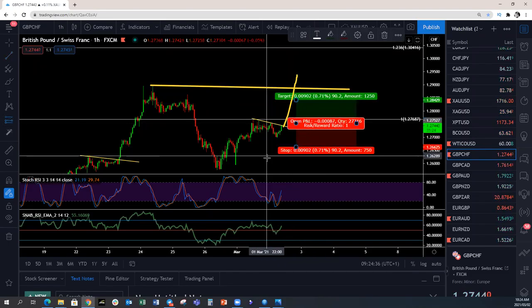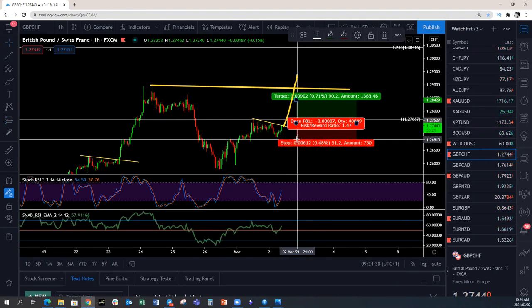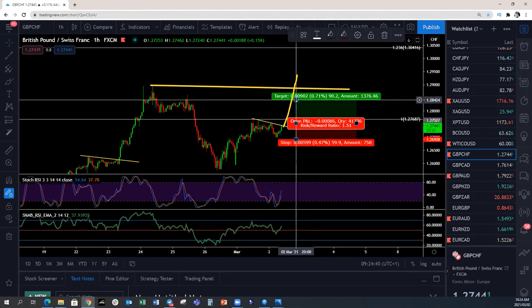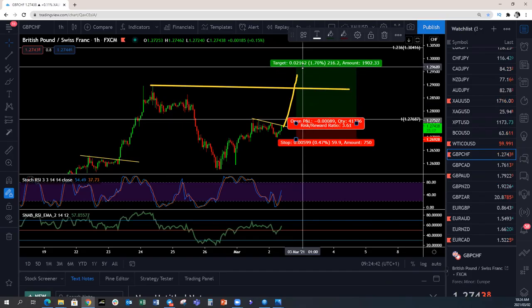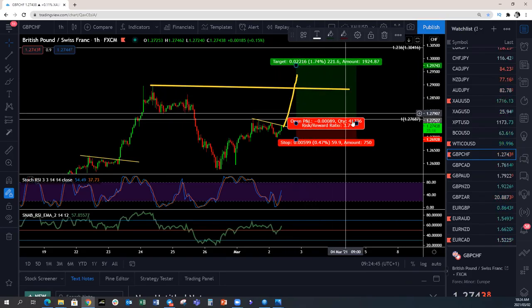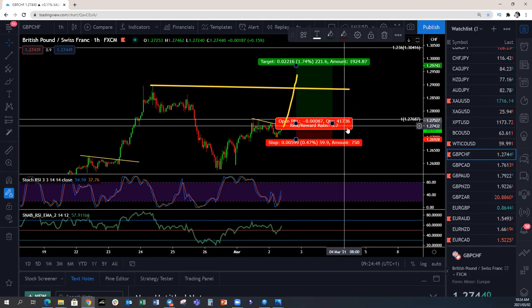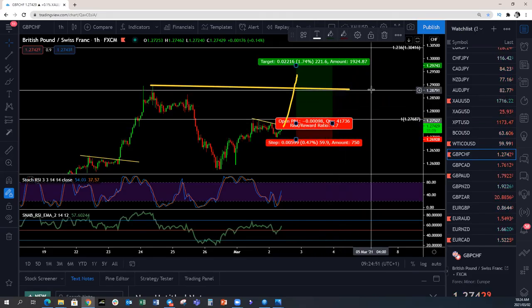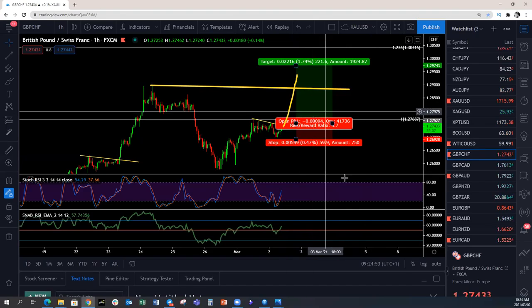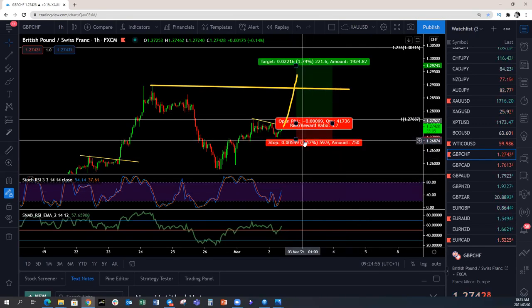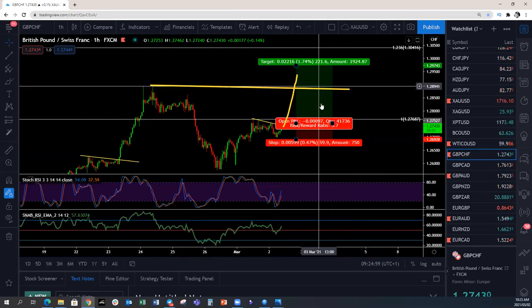Candle must close above there. We're still looking for further upside here. So we'll put in a modest target just around these levels. The target is much further away, but you don't want to hold for that long. You just want to get in, get your profits, and get out. The risk to reward there is, can't see the figure.